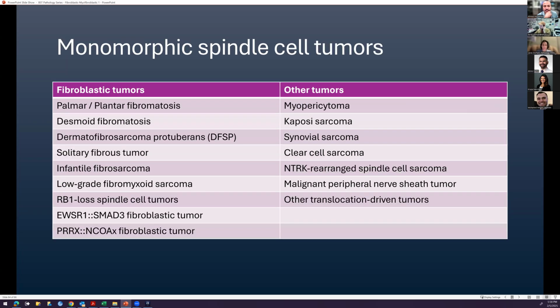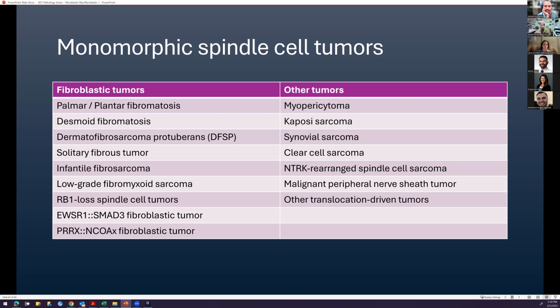Another thing we tend to think about is monomorphic spindle cell tumors, so more bland monomorphic spindle cell tumors overall. There's quite a number of fibroblastic tumors that fall into that, along with things like fibromatosis. There's also RB-loss spindle cell tumors that we talked about, cellular angiofibroma, myofibroblastoma.